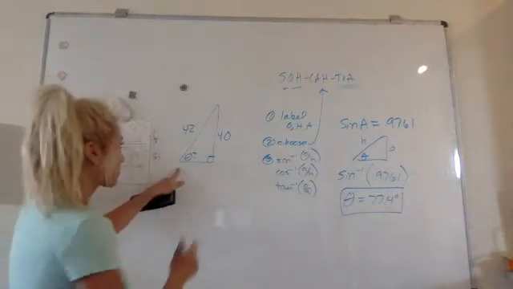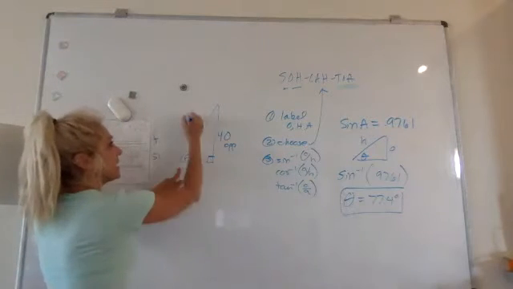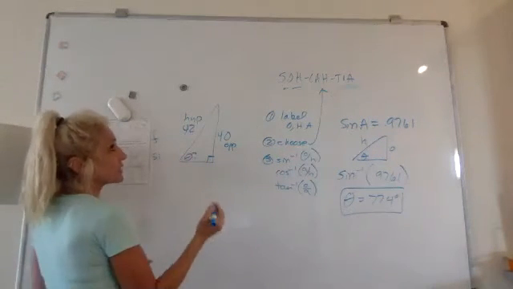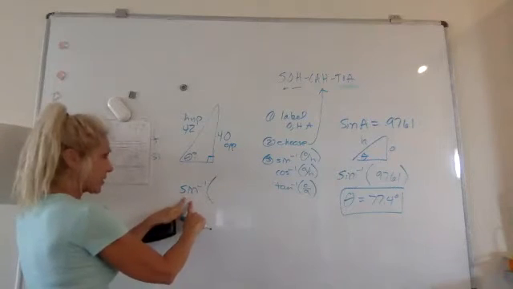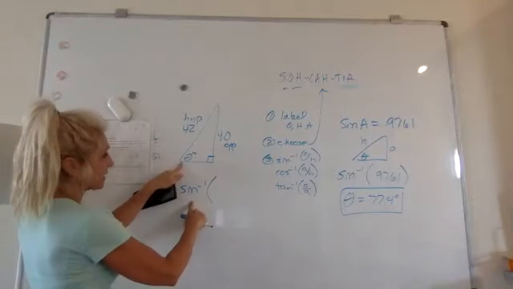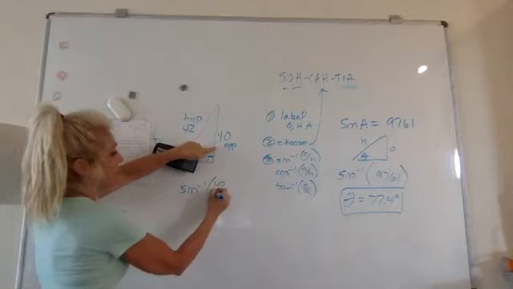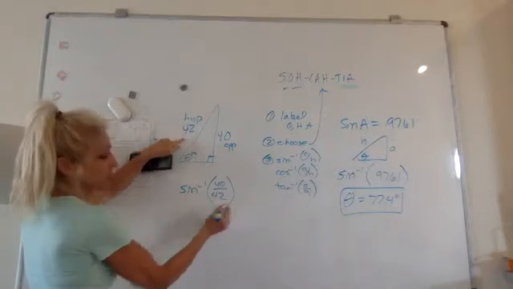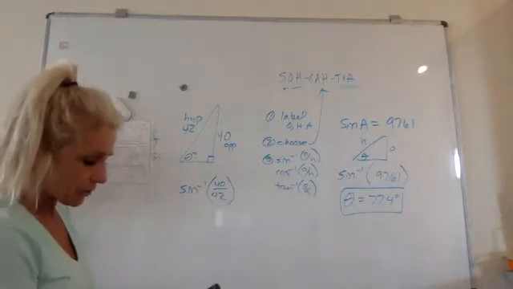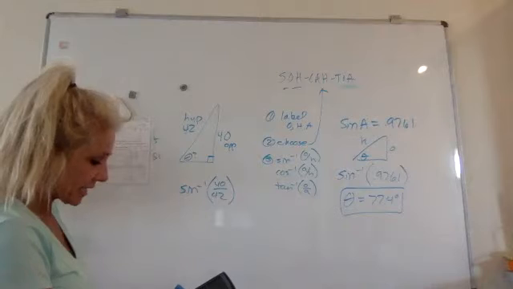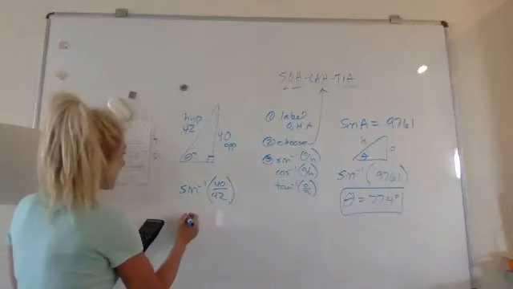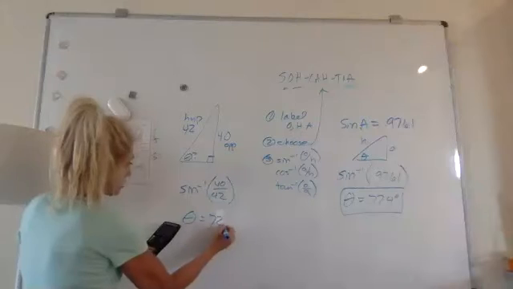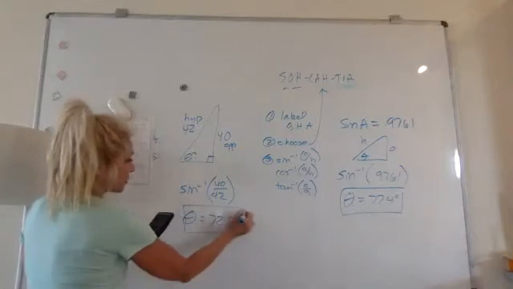So in this particular case, I know the opposite, the hypotenuse. So that's going to put me in a position of doing sine inverse, asking my calculator, hey, what angle has an opposite of 40 over 42 for a hypotenuse? So I'd go to my calculator, do second sine 40 over 42, and I would find out that that angle is 72.2 degrees.